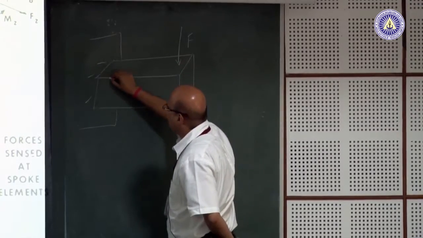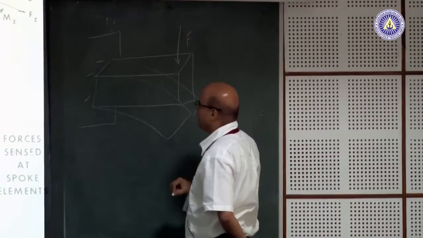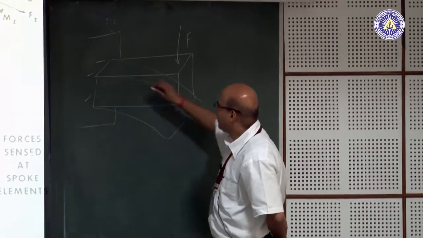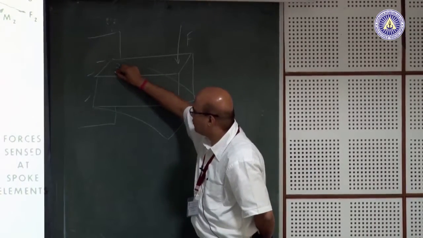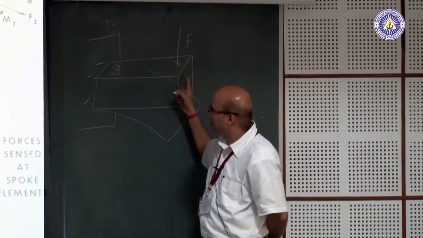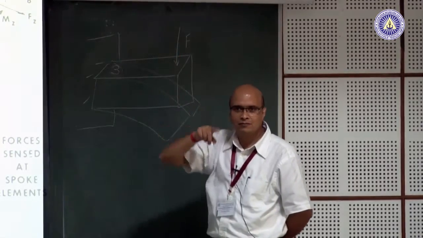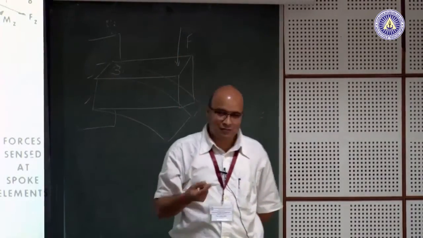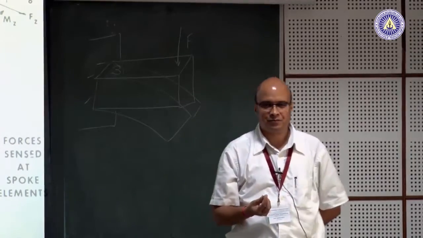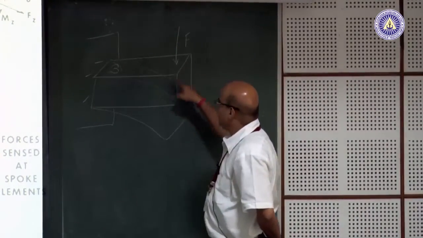This will cause a strain at this point. So, the beam is going to bend like that. This is exaggerated, it will not bend that much, but there will be strain here which we can measure by putting a strain gauge. Okay. So, we are not measuring force, we are measuring the effect of force there and then correlating this to that and saying that is the force. Okay. There is no way you can measure force straight. Okay. So, now one of these beams can measure how many forces?